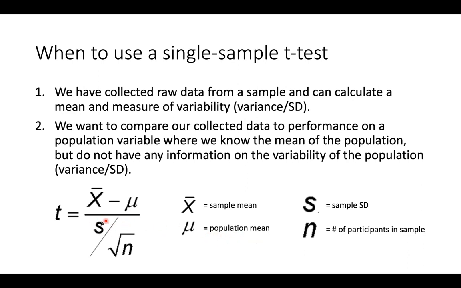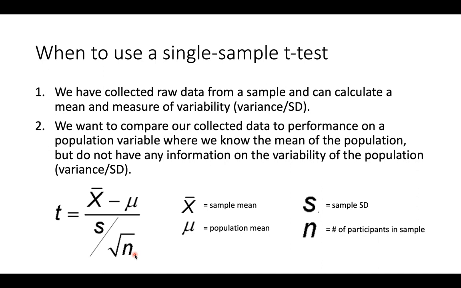We're taking the information on variability that we have, which comes from our sample, and using the sample size to estimate how much variability we should be expecting at the population level. Because the question that we want to answer is, does our group, our X bar, our sample, differ from the population more than we would expect by chance?